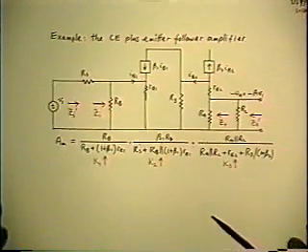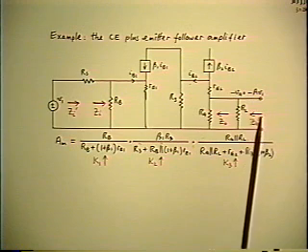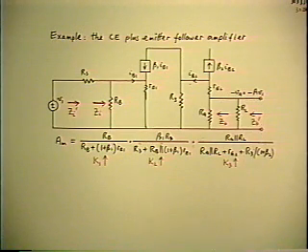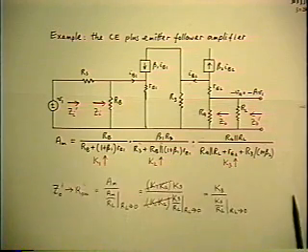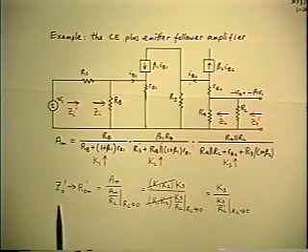Let's calculate the output impedance first, and we already know that it's going to be easier to calculate the output impedance first, because only one limit is required. So here's the theorem. We want to find ZO prime.